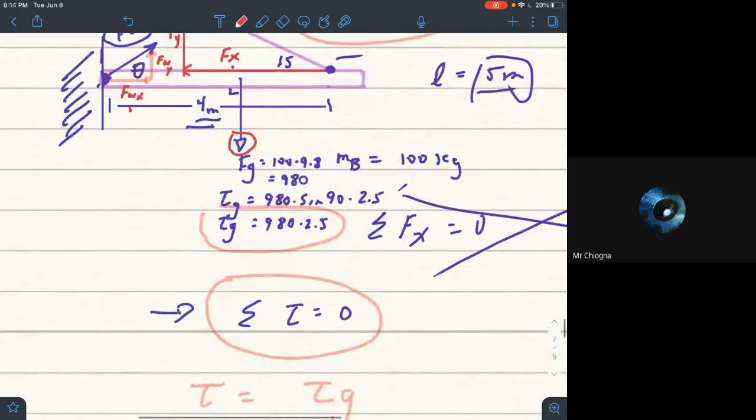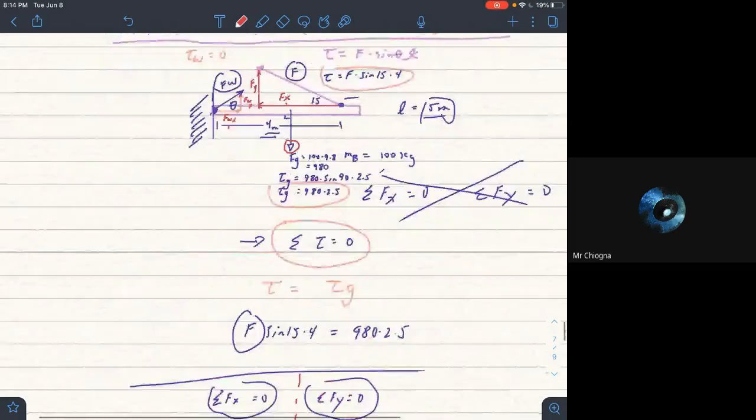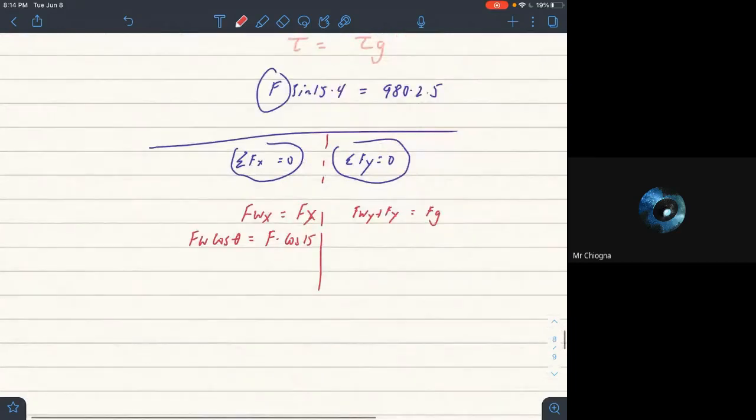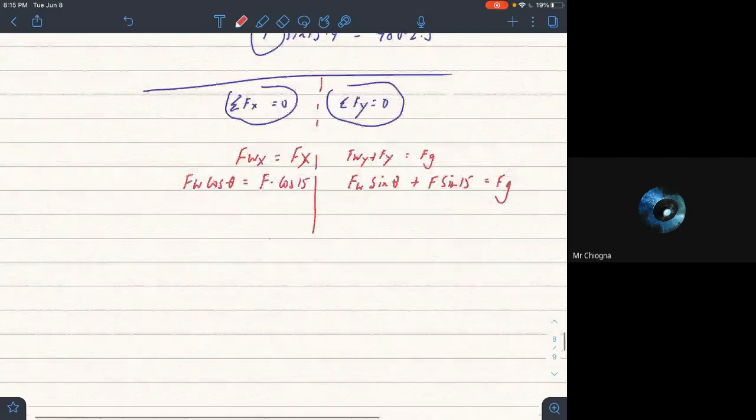Okay? And then what about FY? The FWY is FW sine of theta, which you don't know, plus F sine of 15, and that's equal to FG.